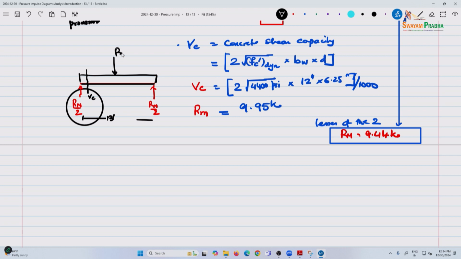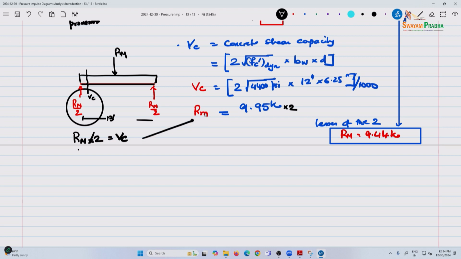The actual Rm is multiplied by 2. So, Rm by 2 is equal to Vc. Therefore, the shear capacity is actually 9.95 multiplied by 2, 19.9 kips. So, the flexure capacity is anyway half.